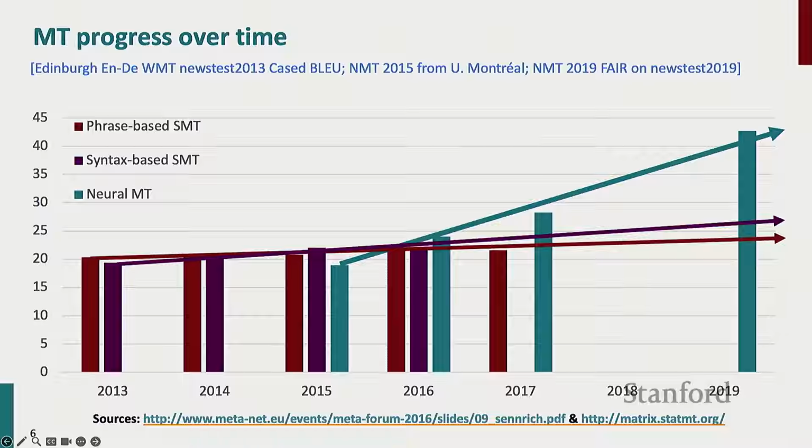And this graph only goes up to 2019, but it's continued to go up, and so it's not that uncommon these days that you see BLEU numbers in the 50s and 60s for neural machine translation systems. So that's a good news story.